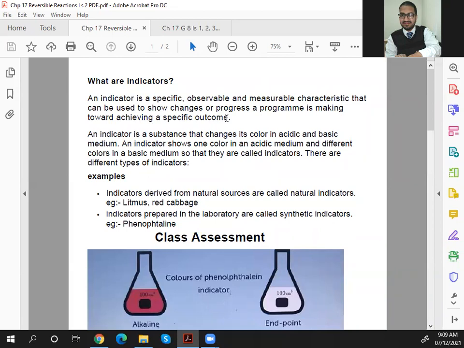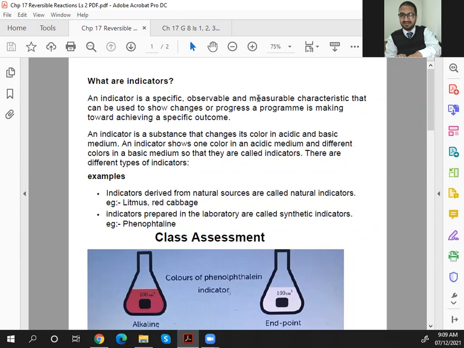Very nice. It's a simple definition in which indicator is specific. It's not common. Like enzymes, they are specific. They have specific properties. You can use only a specific indicator for a specific reaction.